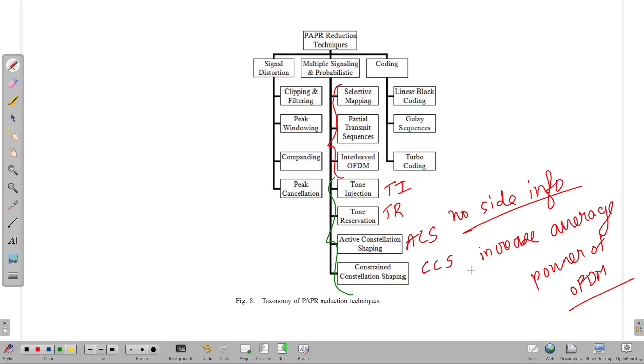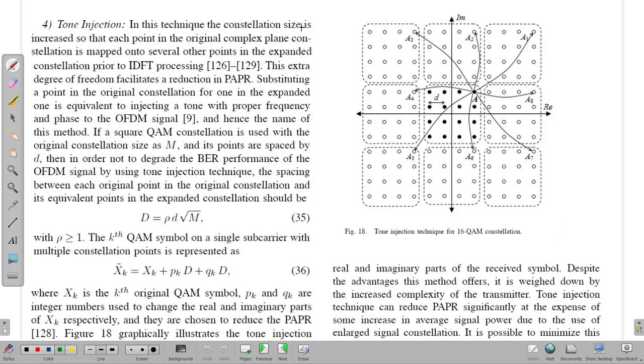But the disadvantage is that while doing these operations, they increase the average power of OFDM. Sometimes the transmitter system becomes a little complicated. Those are the disadvantages when you are using these techniques. We'll see each of these one by one.